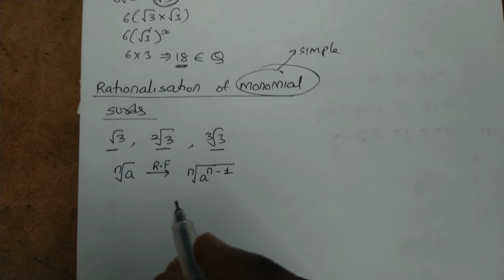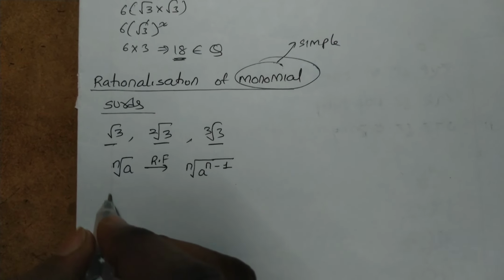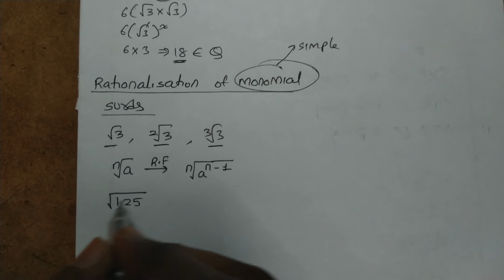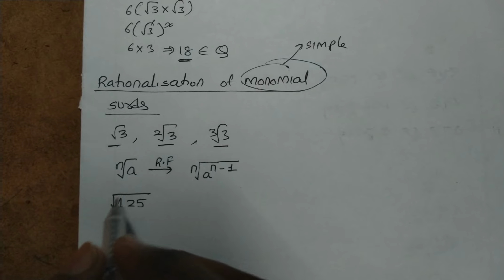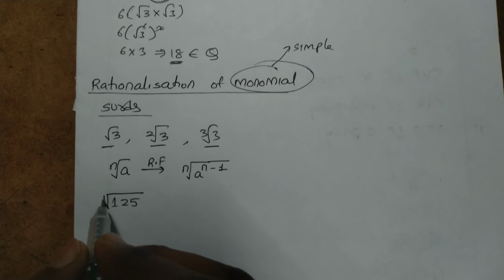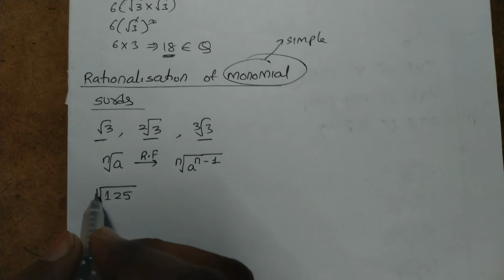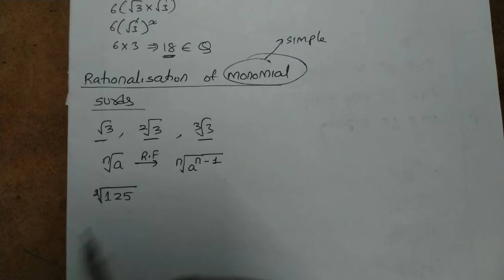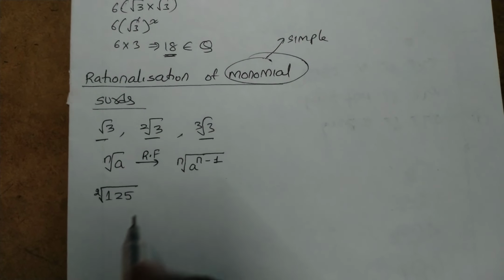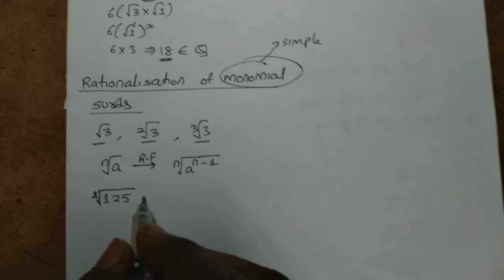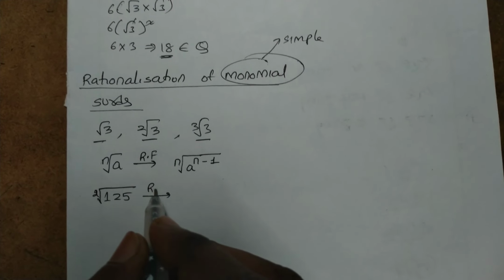Suppose let's take one example: root 125. Here nothing is written, which means the index is 2, because it is a square root. Now I want a rationalizing factor of this.